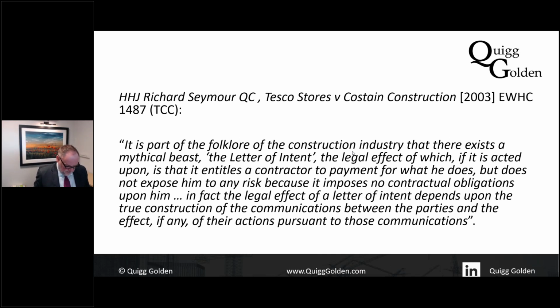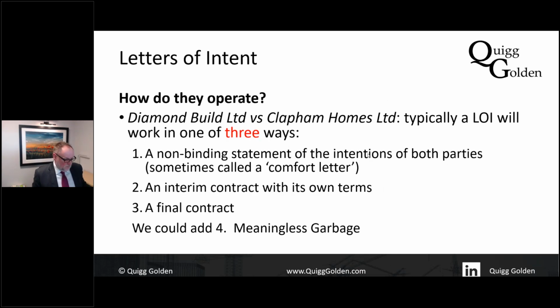So the judge here is talking about this mythical beast, part of the folklore, and saying, look, it could mean lots of different things depending on what you actually say. And this was maybe set out in three different categories in Diamond Build and Chatham Homes. The judge there said typically, not always, but typically a letter of intent will work in one of three different ways.